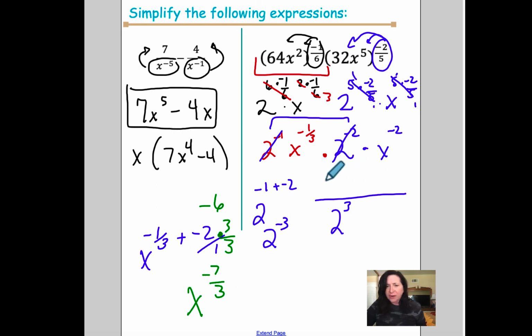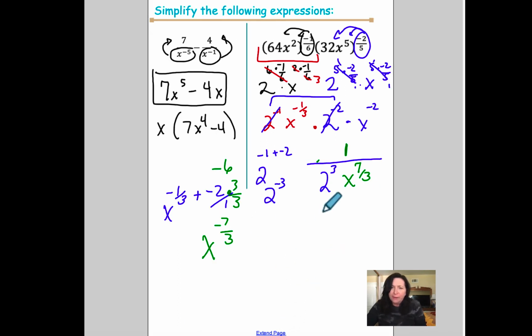And so instead of writing it up here as x to the negative 7/3, like the 2, right? I'm not going to do that, and I'm going to rewrite it on the denominator as x to the positive 7/3, and this is just over 1. Because you definitely cannot leave nothing on the top, on the numerator.